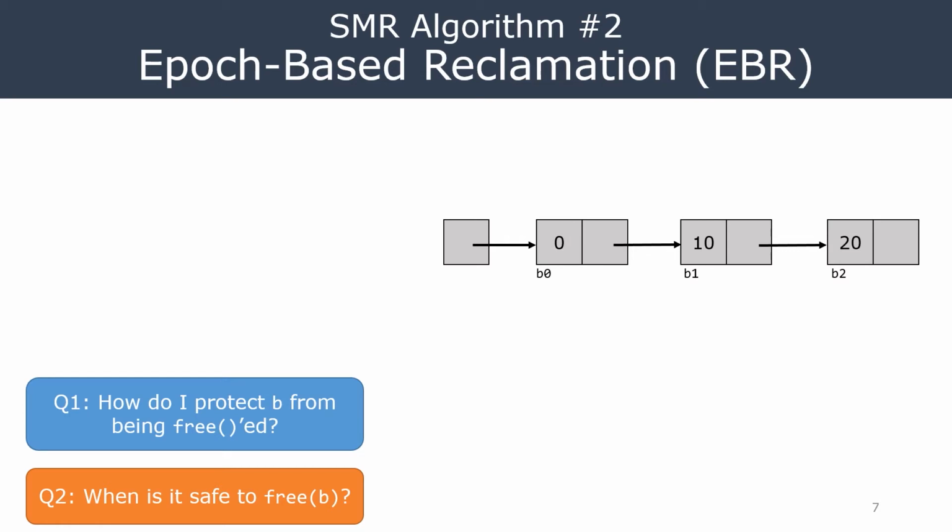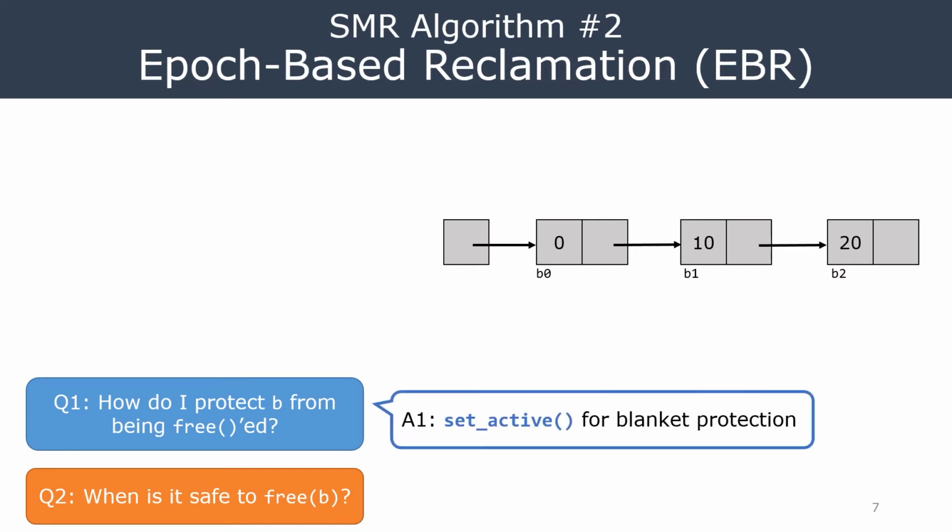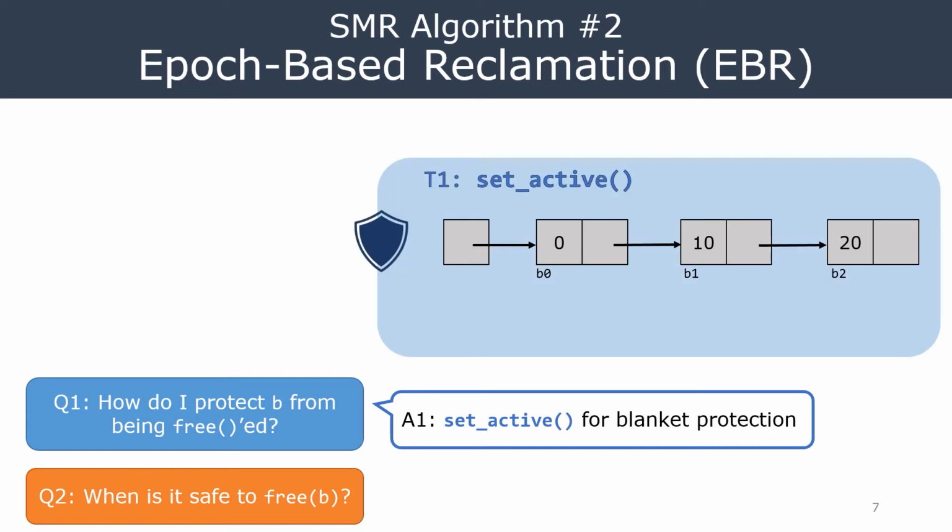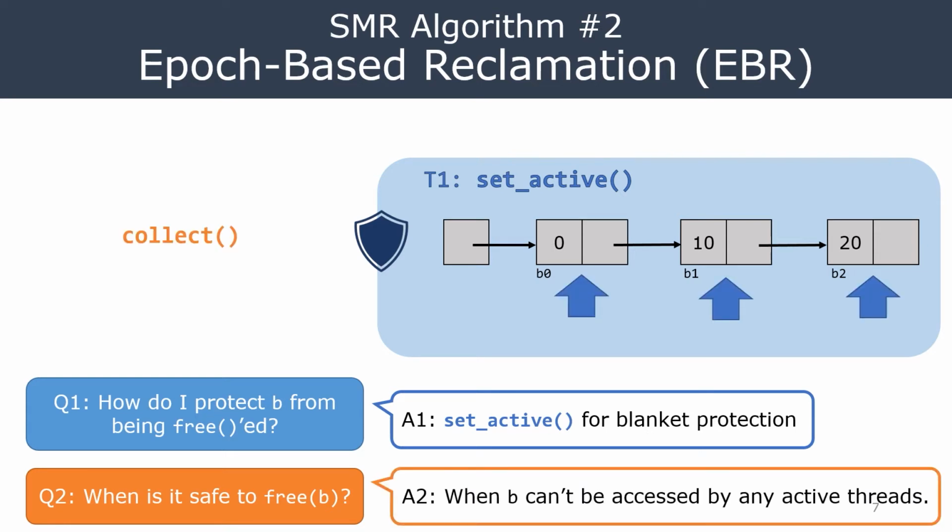On the other hand, epoch-based reclamation, or simply EBR, takes a completely different approach. To get accesses protected in EBR, all you have to do is entering an active state with setActive function. Once you become active, all of the accesses will be safe. The collect function checks whether a retired block can be used by an active thread.